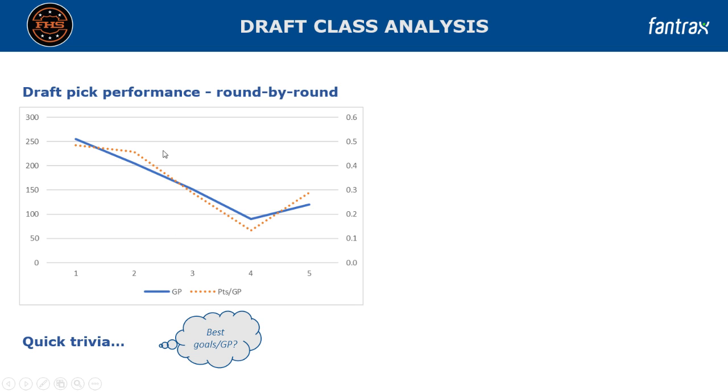So we had a very strong second round in terms of quality, and you will see in a bit that it's mainly because of Pasternak and Braden Point. And we had a pretty disastrous fourth round, and the fifth round was much better, especially in terms of points per game.